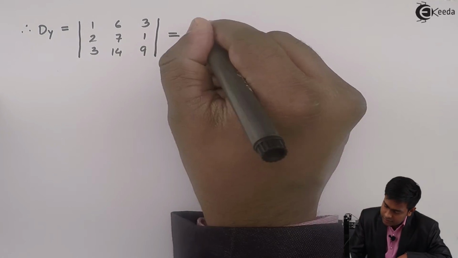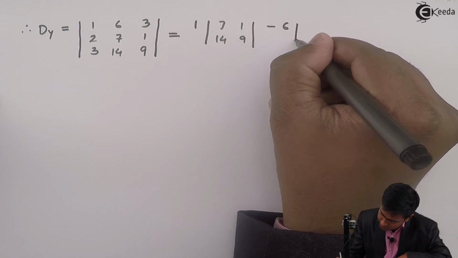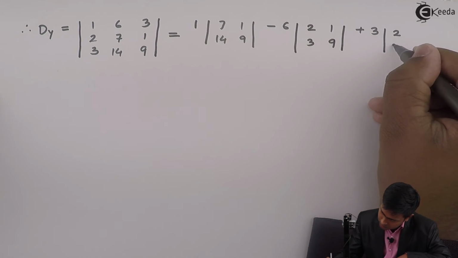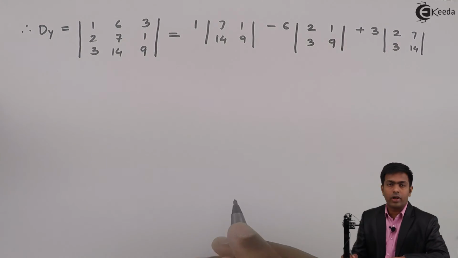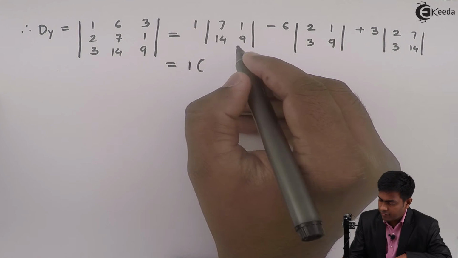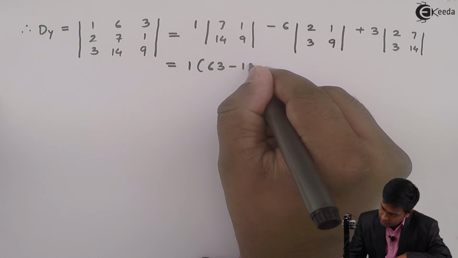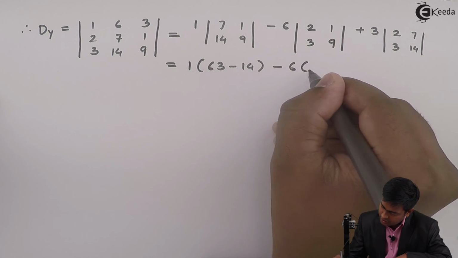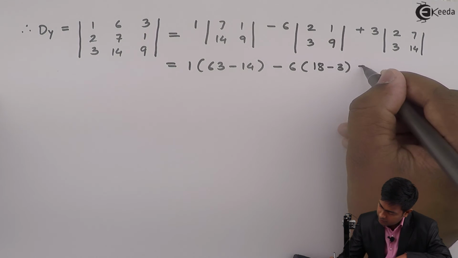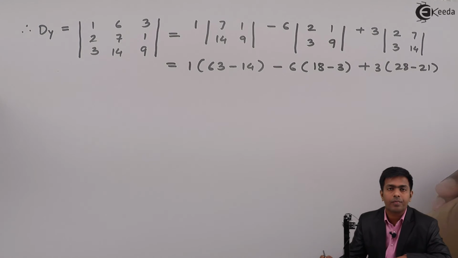So let's solve this. So here we will get 1 as it is, 7 9s are 63 minus 14 minus 6 into 18 minus 3 plus 3 into 28 minus 21.